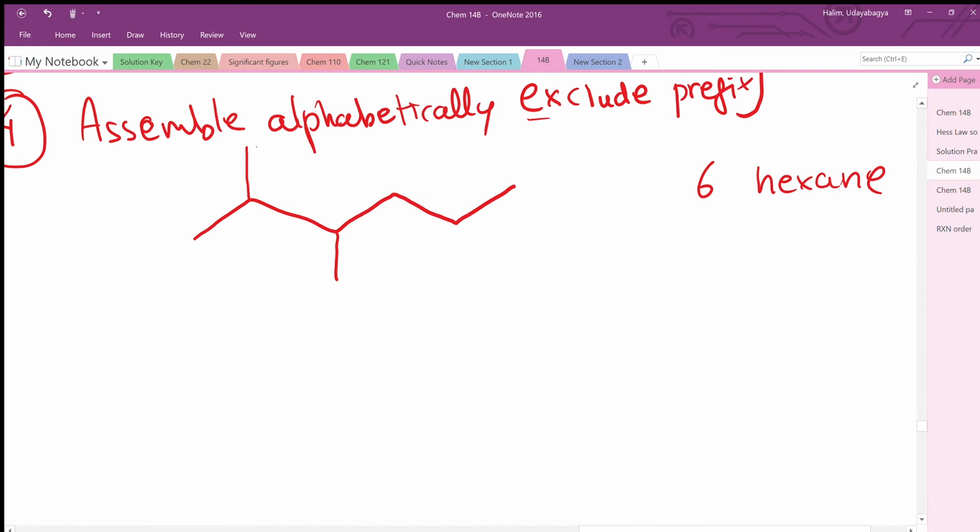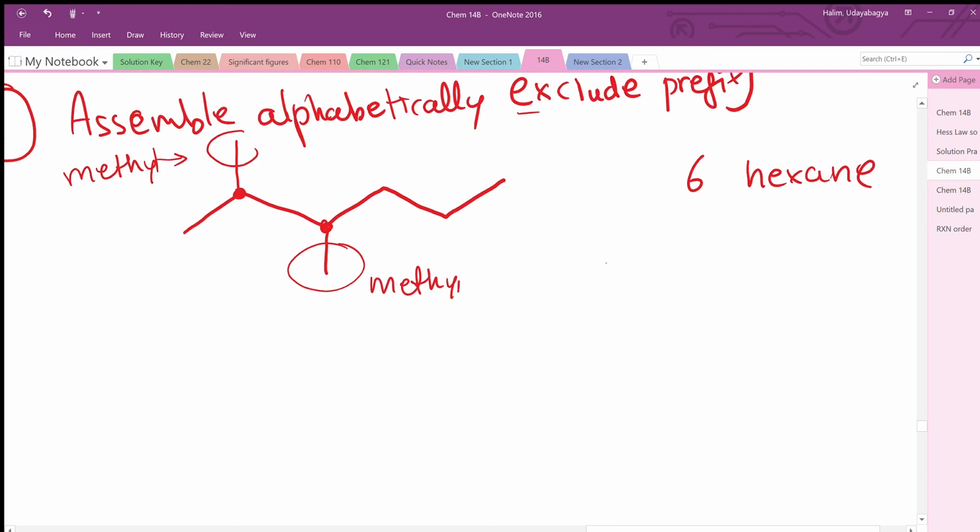So this is your locations of the side chains. And what is this group called? Methyl. And the one at the bottom is also called a methyl. So I have two methyls. So it's going to be called a dimethyl. And the di here is my prefix.